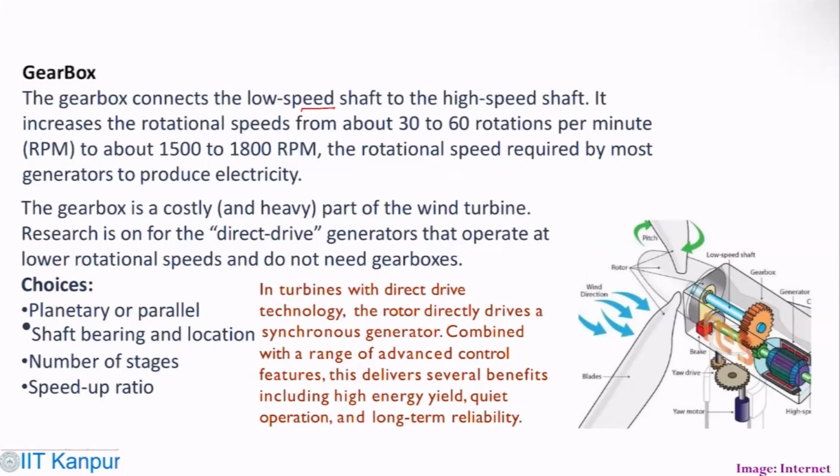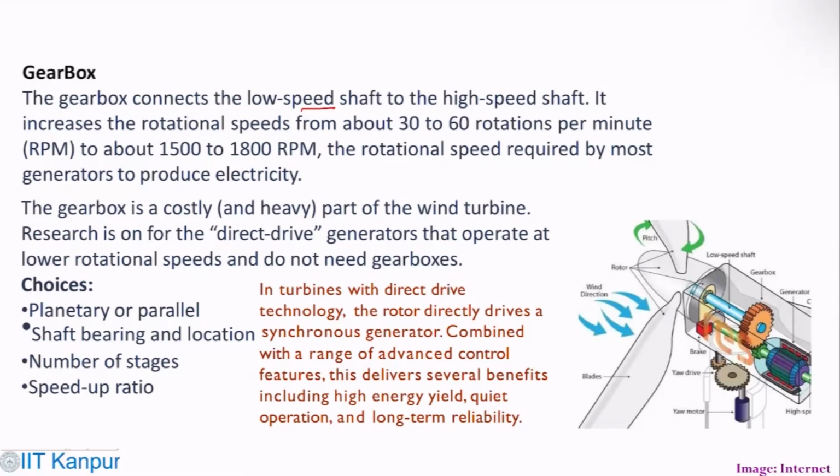Between the low speed and high speed shafts, the transmission of energy happens through the gears. These are all mechanical components, so the loading on the gearbox and the gear design become important.